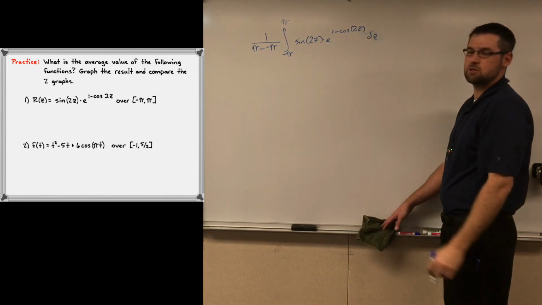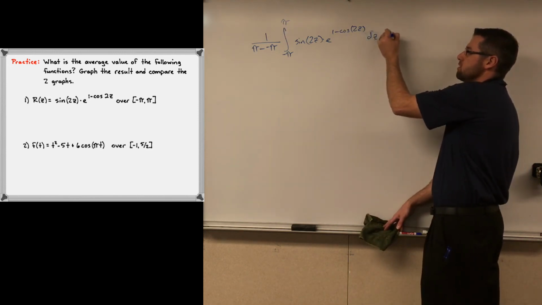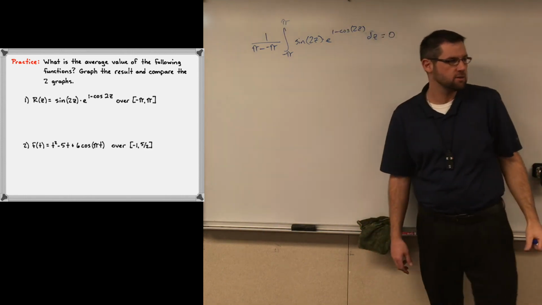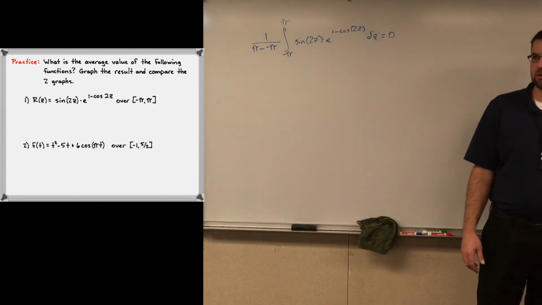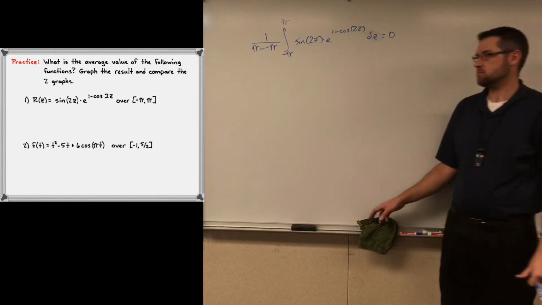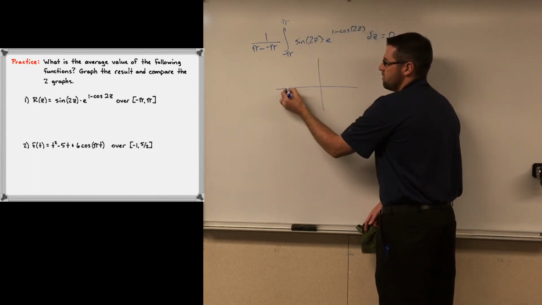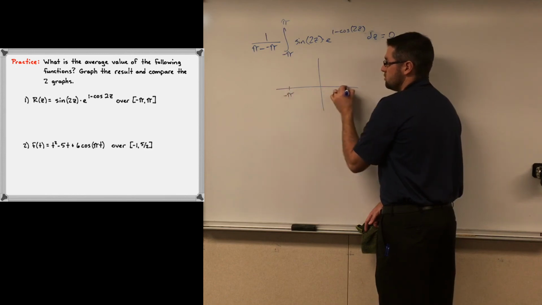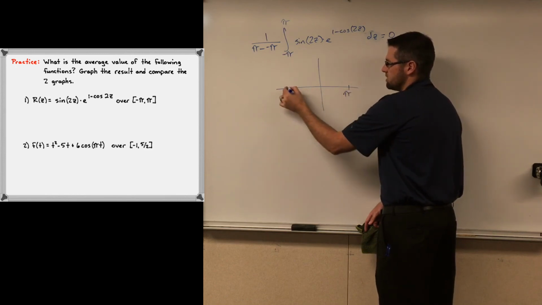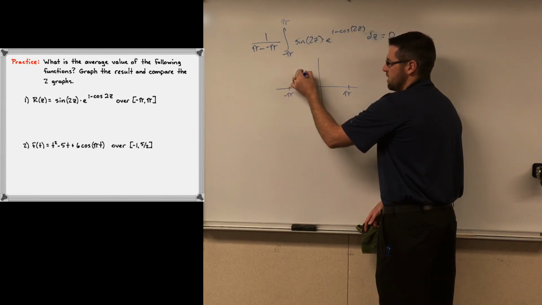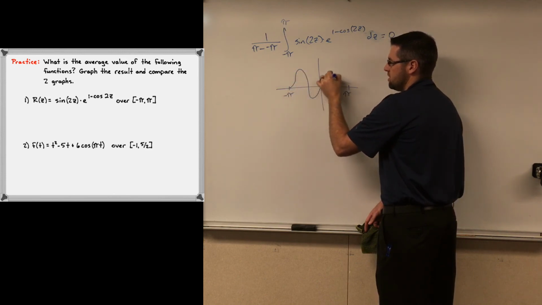What did you guys get as an answer? 0. Why? If you look at the graph, and you should have done this, but if you look at the graph from negative pi to pi, I don't know what this looks like. It's something like this, I think. And then it does like that.